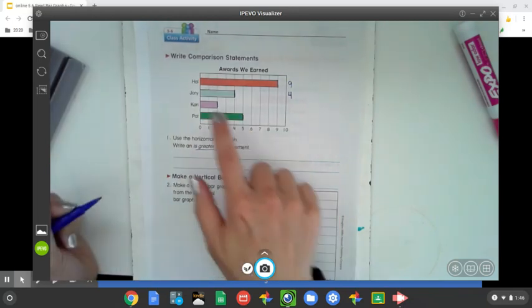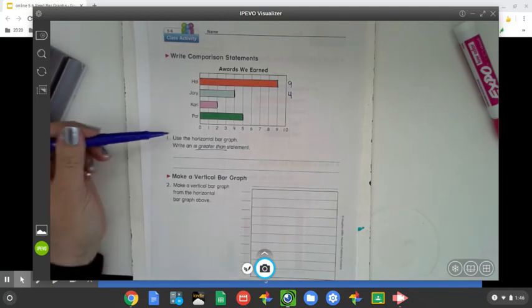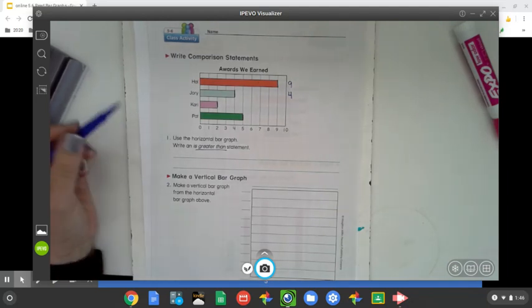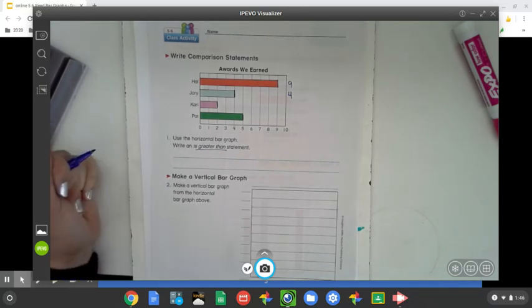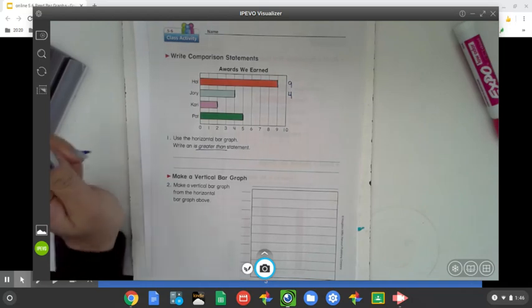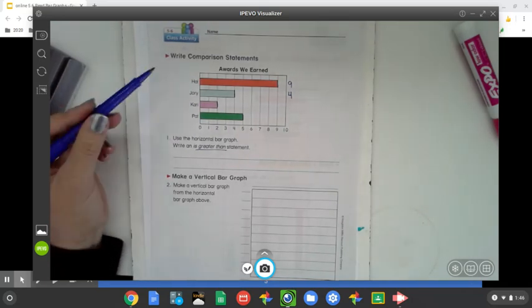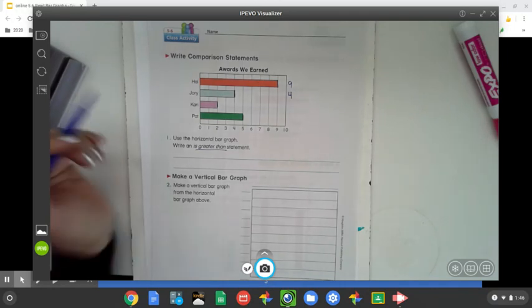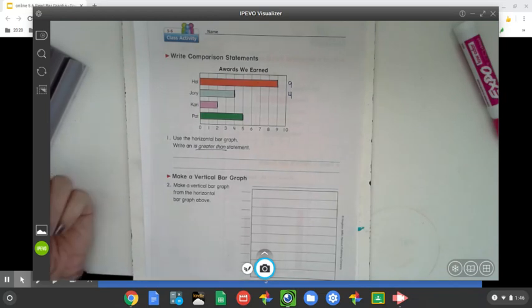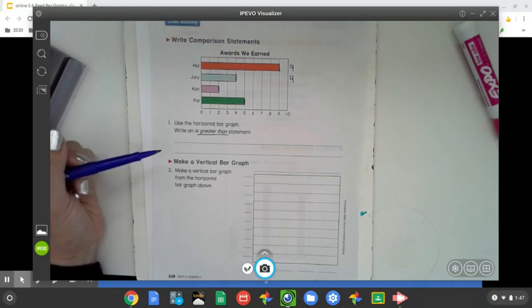I don't want to do all of your homework for you, but I want to show you that you can put that here. Next, your job is to create a greater than statement. There are many different greater than statements that you can create from this data. One idea, if you just want to look at totals, can be one sort of greater than or comparison statement. Additionally, you can create different types of equations.